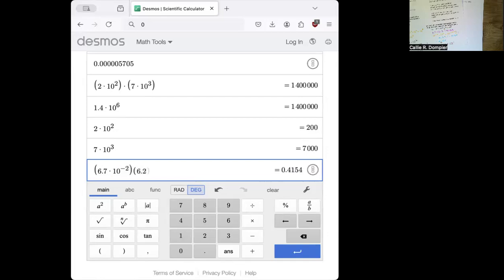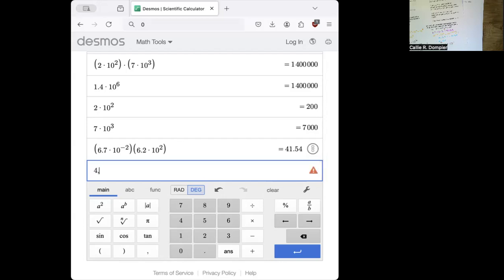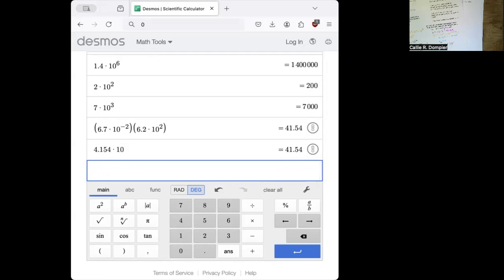It's implied. 6.2 times 10 squared. And we get 41.54, which we converted to 4.154 times 10, or 4.154 times 10 to the power of 1.